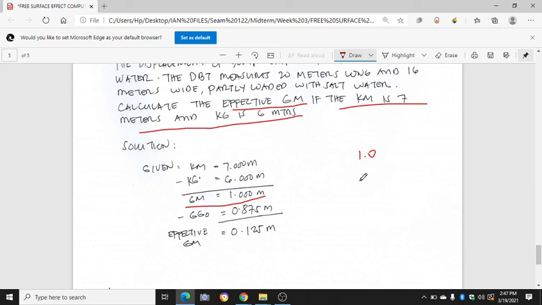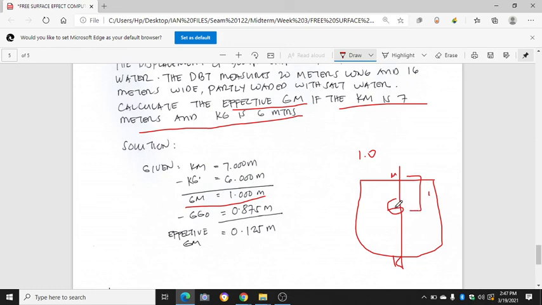Since it rises, the effective GM, your GM is 1 meter, correct?